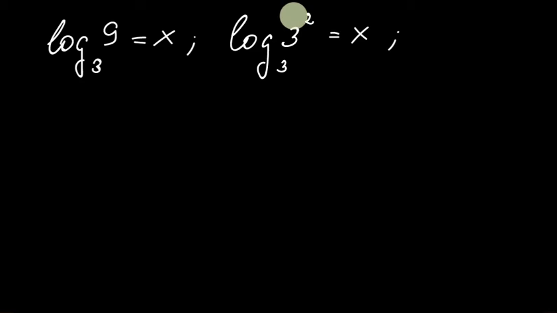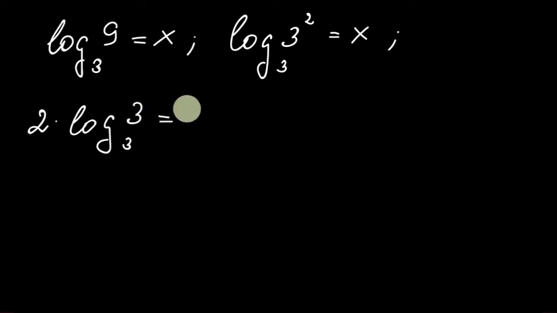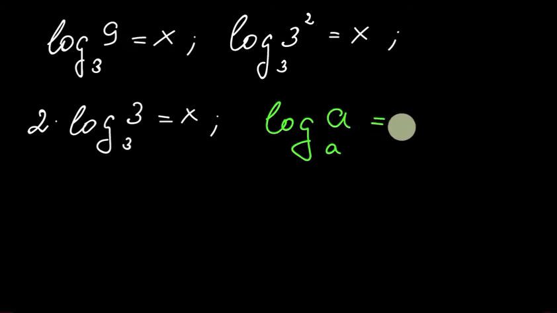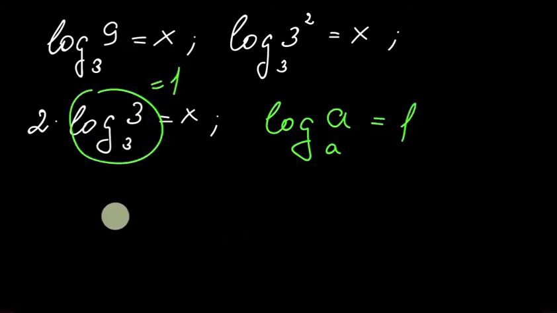Now, we are using our properties to move this 2 here, so we get that it is equal to 2 times log base 3 of 3 is equal to x. Now, if we have a logarithm base a of a, it is always equal to 1. So this is equal to 1. So our x is equal to 2.